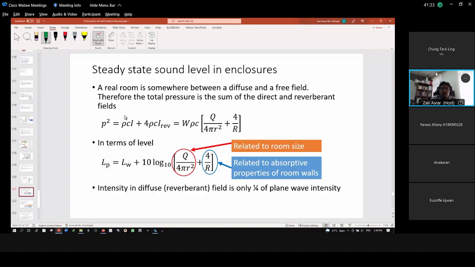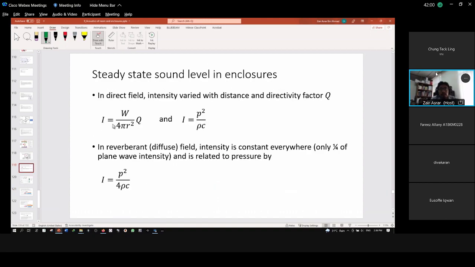In the room, again, normally the volume is quite large, so we have a direct as well as a reverberant field in the room. So we have sound pressure which comes from the direct field and also from the reverberant field. We can use whatever equation for intensity that we have here for the direct field and also for the reverberant field.